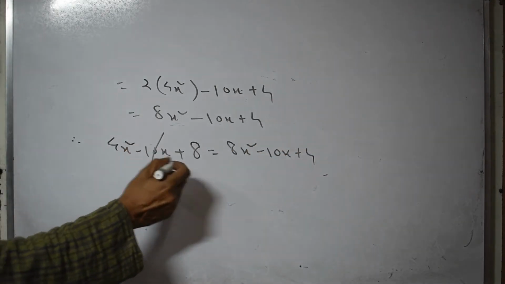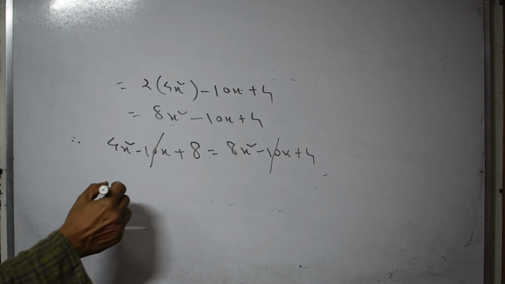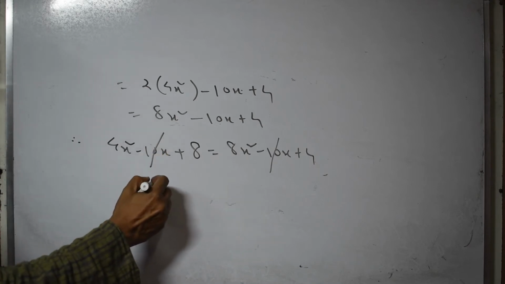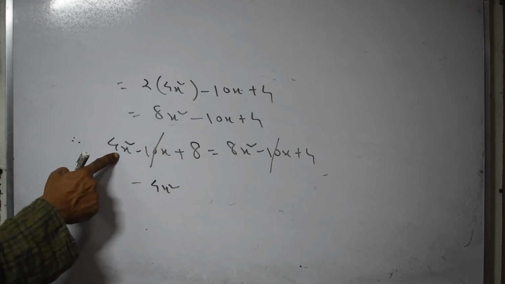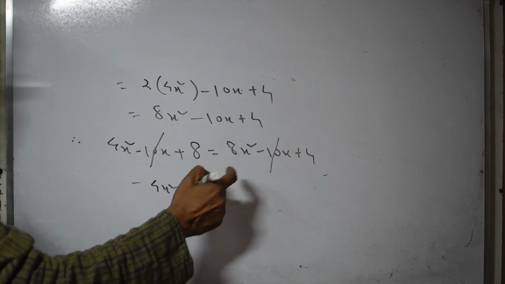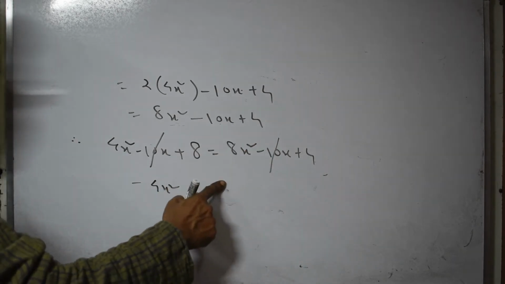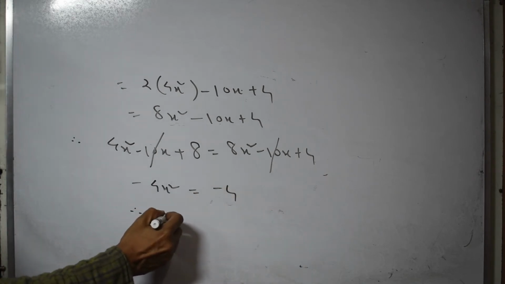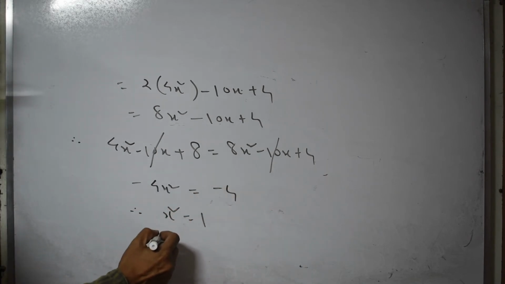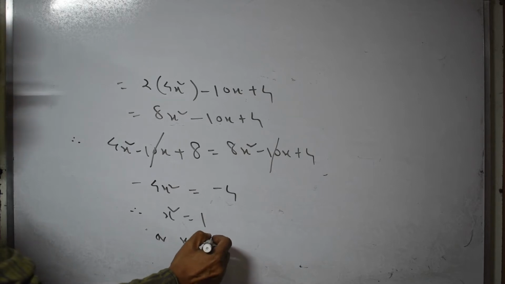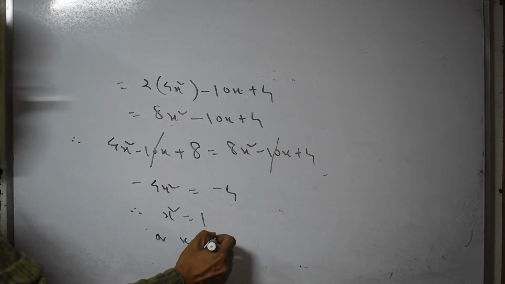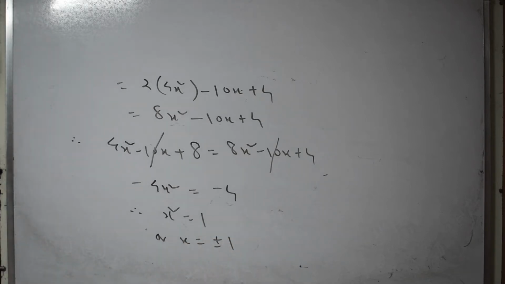What is happening? 10x cancels from both sides, and taking 4x square minus 8x square is equal to 4 minus 8. So 4 minus 8 is minus 4, so x square is 1. Therefore x will be root over 1, which is plus minus 1.